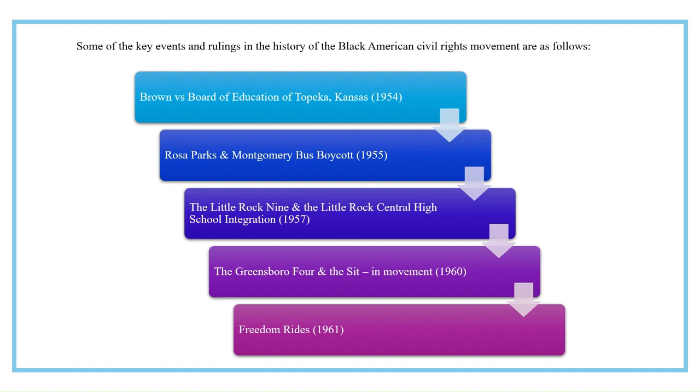While the ruling applied only to public schools, it implied that segregation in other public facilities was unconstitutional as well.